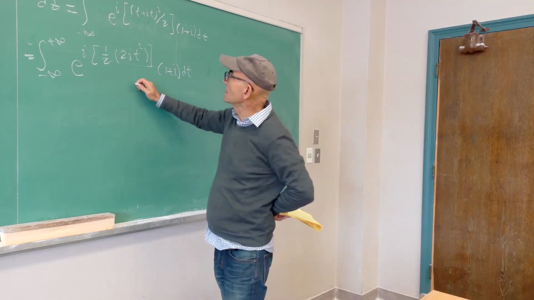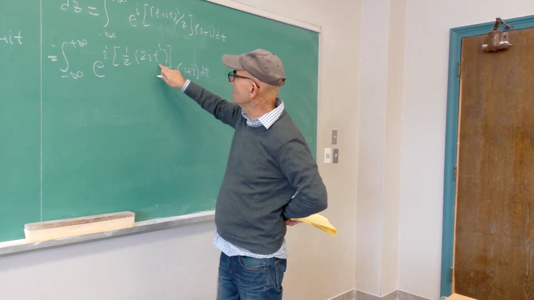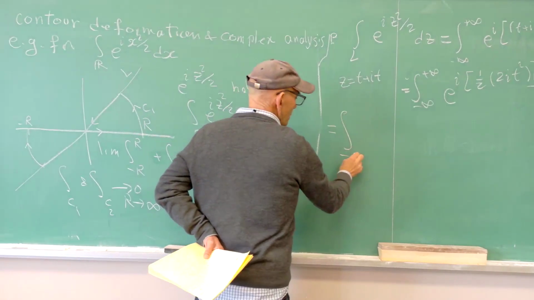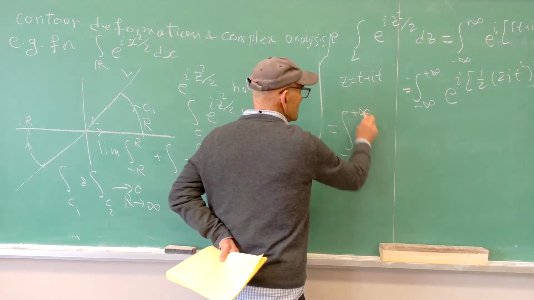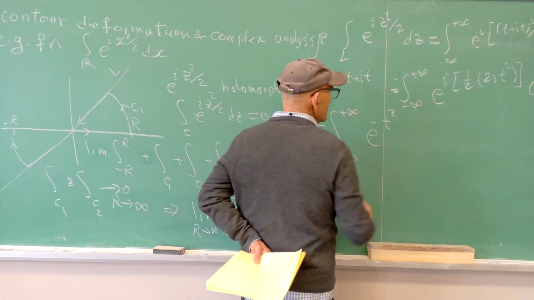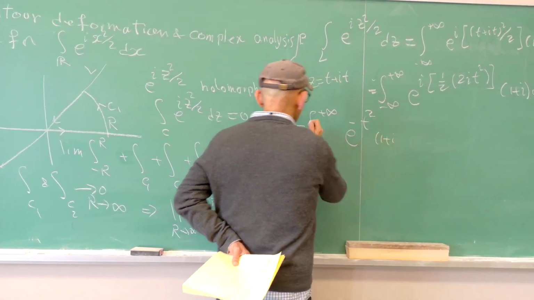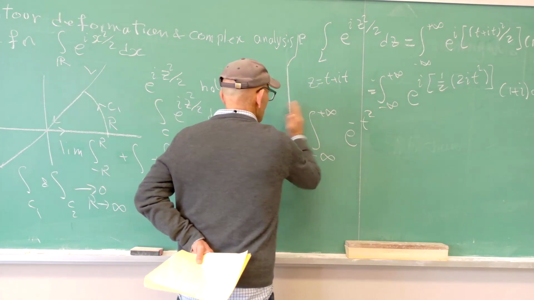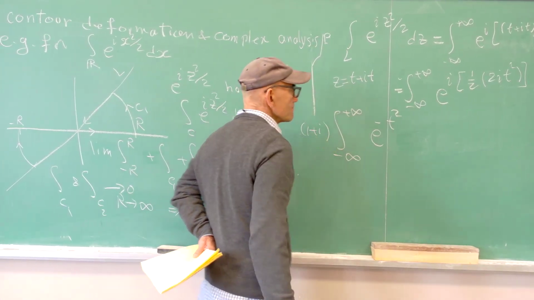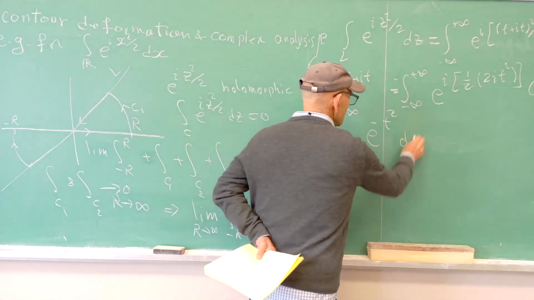Okay, so now something interesting happens. This i and i gives me minus 1. So I've got here the integral from minus infinity to plus infinity of exponential of negative t squared times (1 plus i). I just keep that (1 plus i) outside now. That's okay, it's a constant. I can pull it out. And then this is dt.